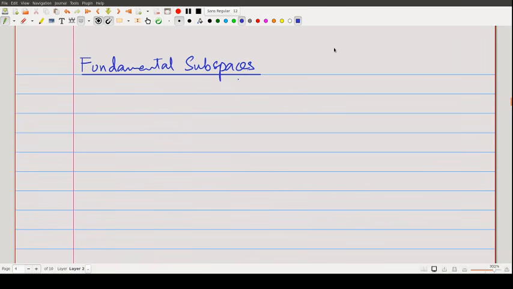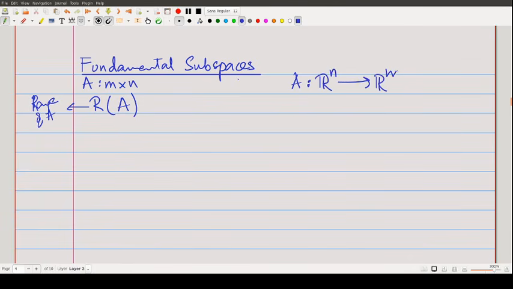So consider the following. We call R(A) basically the range of A. Let's suppose you're talking about an m by n matrix, right? So an m by n matrix can be seen as a linear transformation from Rn to Rm.